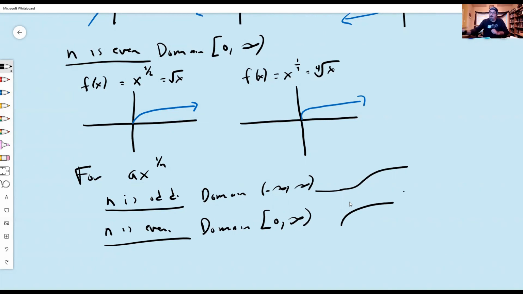Something of that nature. Again, when you test it, you just need a point on either side of the origin. In this case, if it is even, you just need to test one or two points on the right side.